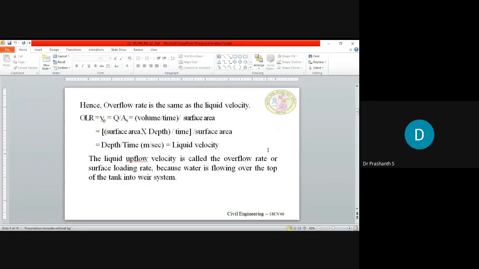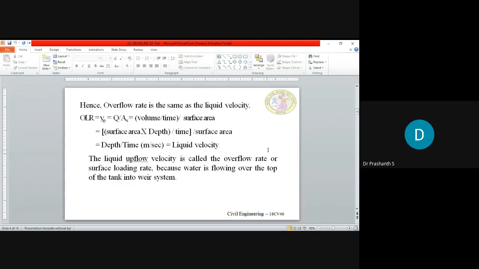So surface area into depth gives you the volume divided by time, again divided by surface area. So mathematically surface area cancels. What we get is depth by time. Its unit is meter per second. Definitely it is liquid velocity. So overflow rate is nothing but the liquid velocity.